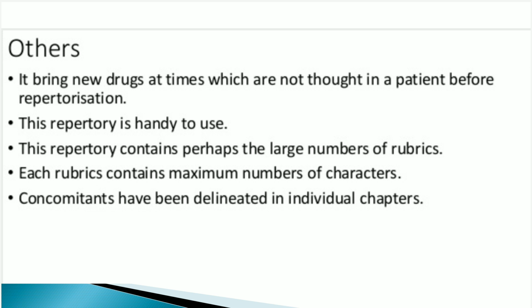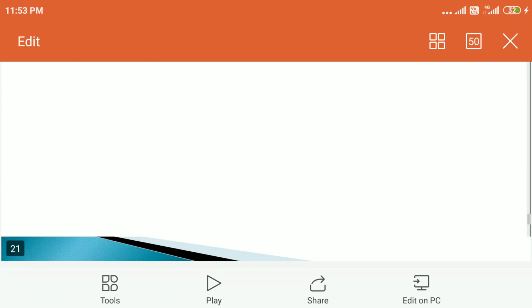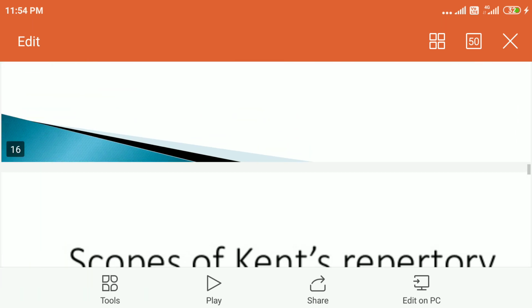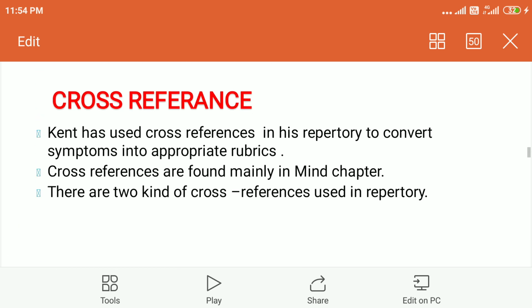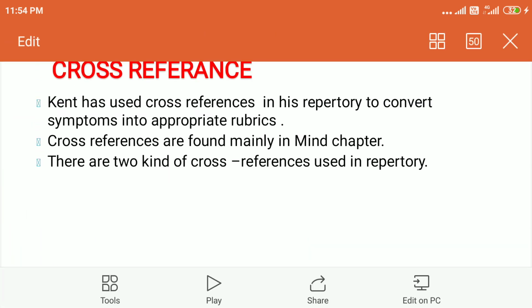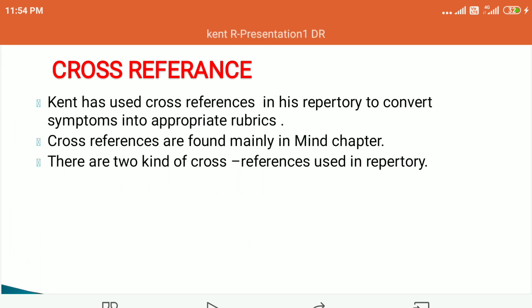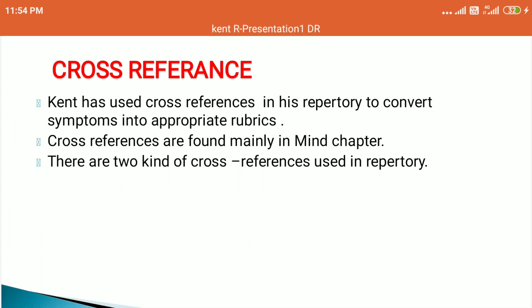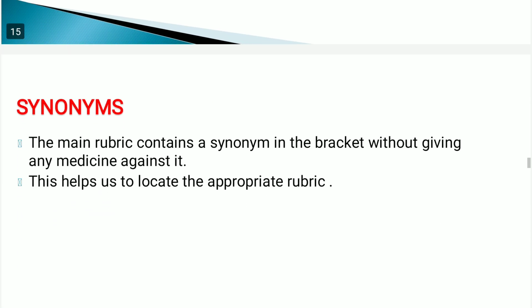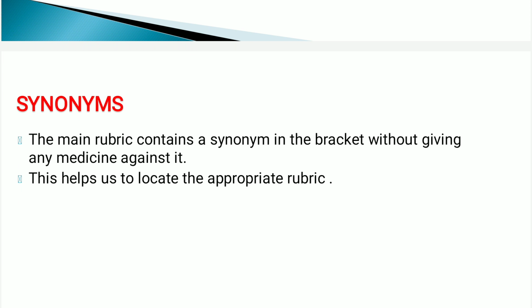special features, scope of Kent repertory and cross reference and synonym. So cross references are found mainly in chapter mind, and there are two kinds of cross references used in the repertory.